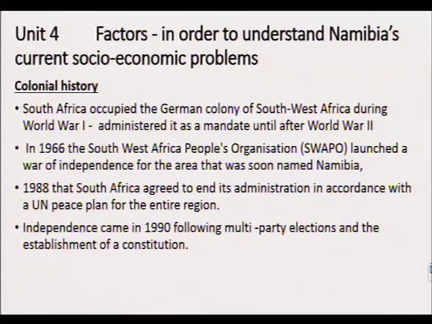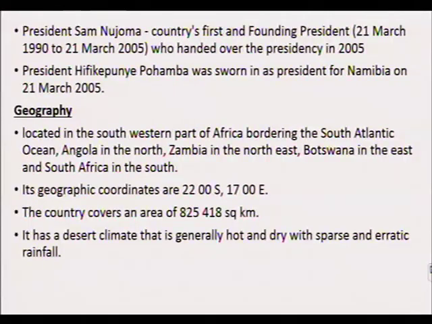And then in 1990, following a multi-party election, Namibia gained independence, and we know that our first president, President Sam Nujoma, our founding father, became president on the 21st of March 1990 and served as president up to the 21st of March 2005, after which he handed over to President Hifikepunye Pohamba, who was sworn in on the 21st of March 2005.